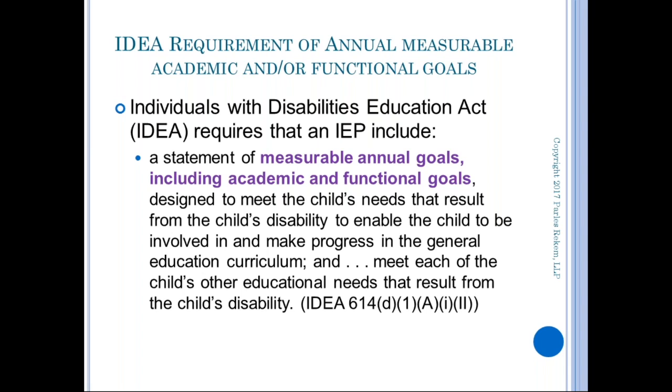But when we talk about functional goals, we're talking about the social, emotional well-being of a child, the behaviors, all of those things. So an IEP isn't only about academics, it's also about social, emotional, and behavioral, and there are so many other functional goals out there for a student.